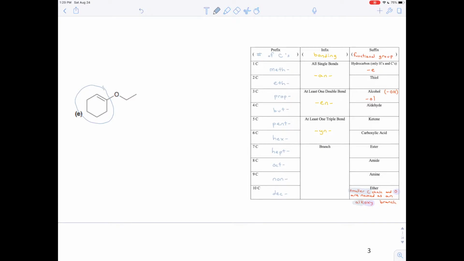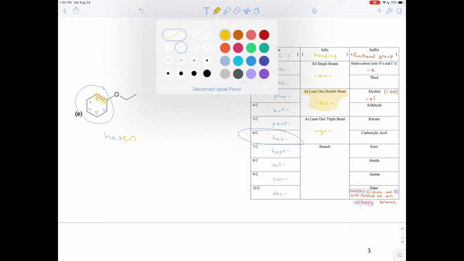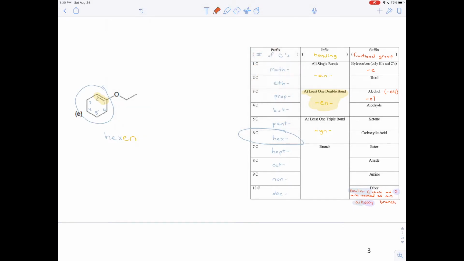Now, we just saw there are 6 carbons here, 1, 2, 3, 4, 5, 6, and the prefix for 6 carbons is hex. So this is going to be hex. If you look at the bonding there, we do have at least one double bond, and when you have that, the infix is en, so hexene. And for the suffix, the ether is not represented in the suffix, and everything else is just carbon and hydrogen.